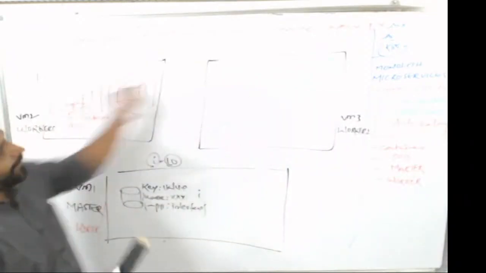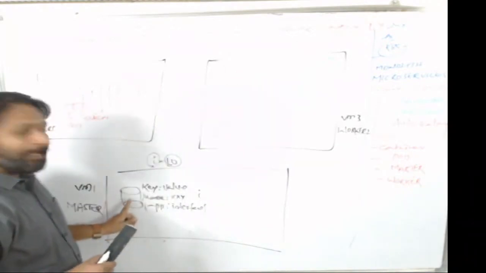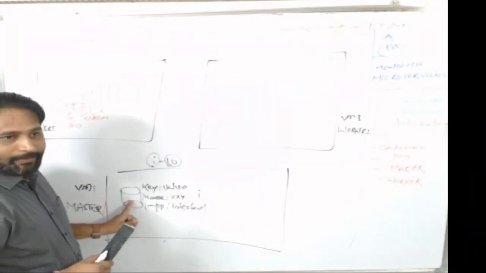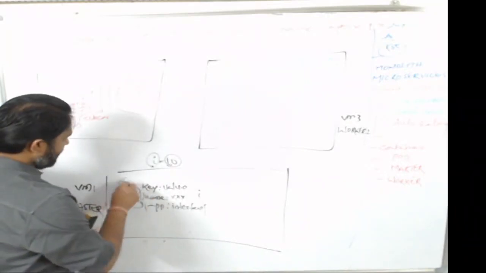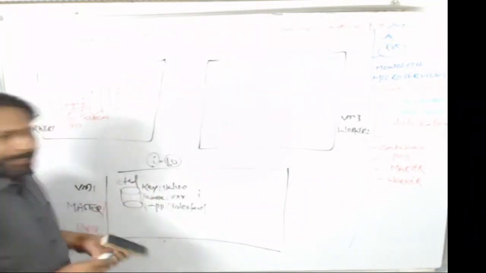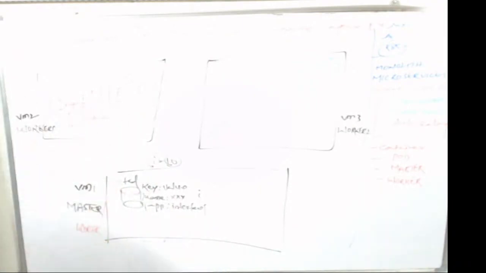Now the key value pair is stored in the database. So everything related to all this Kubernetes cluster is stored in a key value database. And the database that Kubernetes uses is called etcd database.